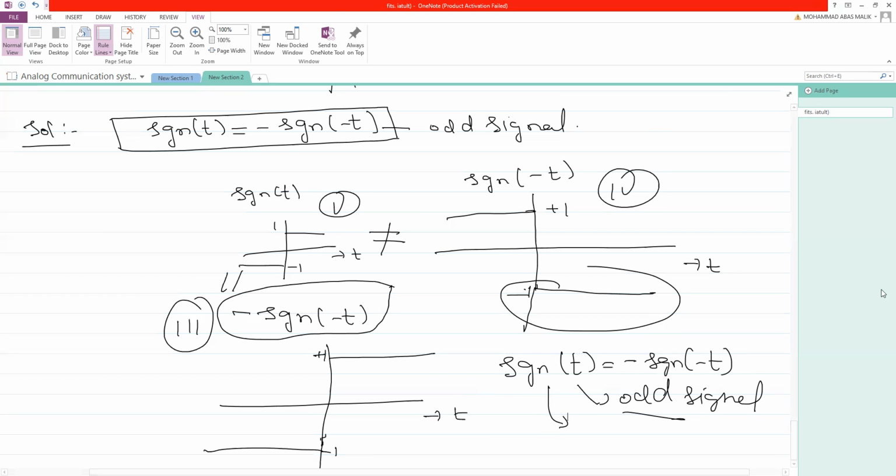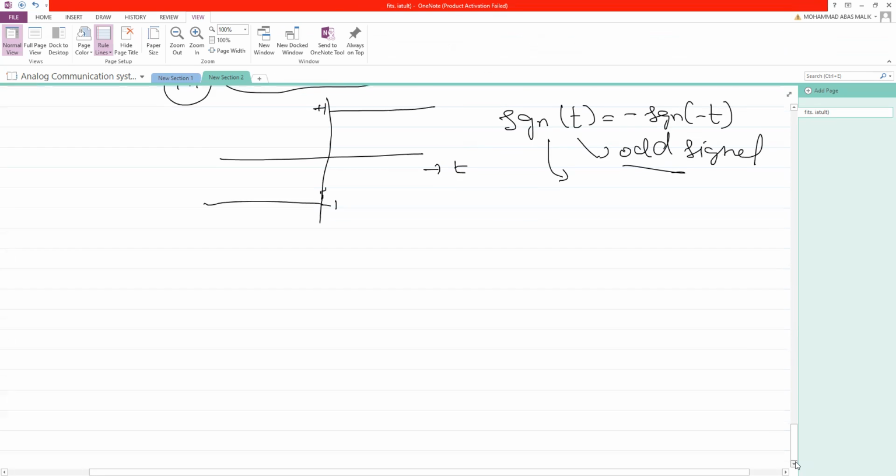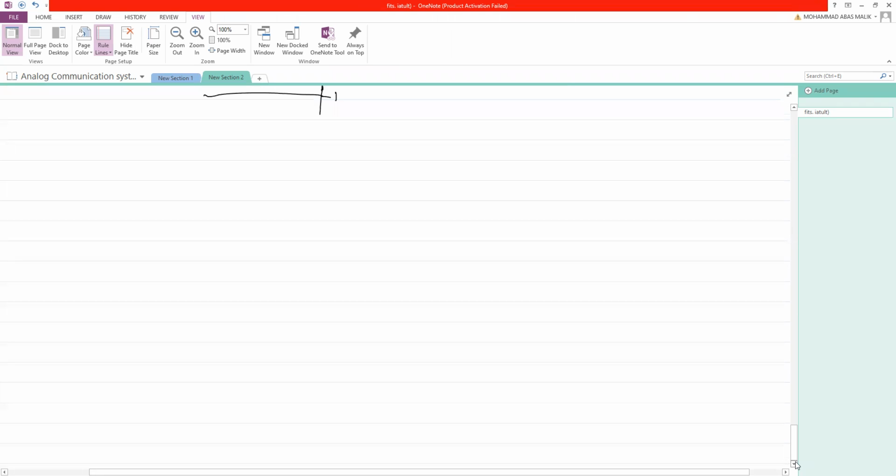Before going for the Fourier transform of this, you have to go for the Fourier transform of another signal.